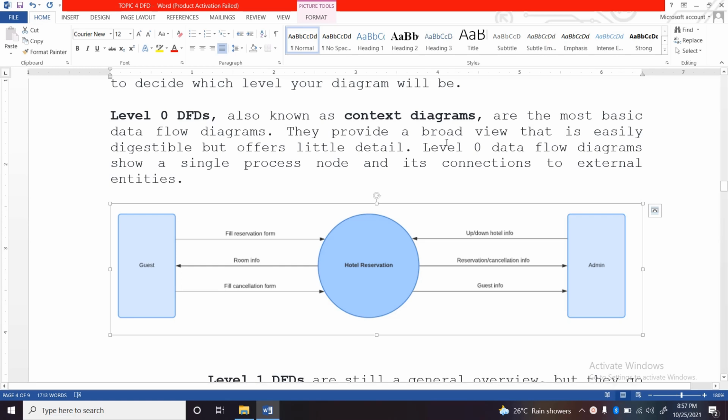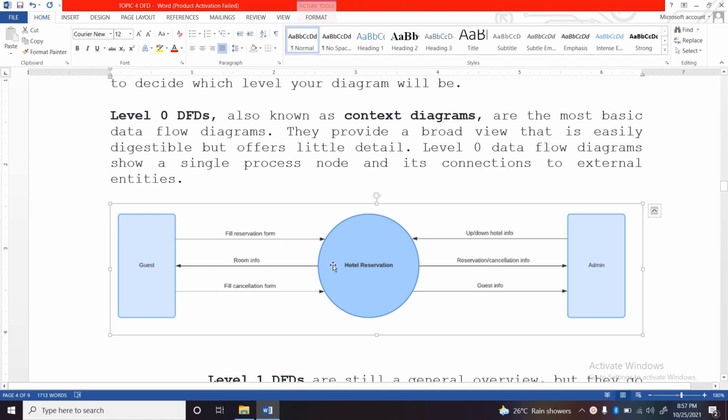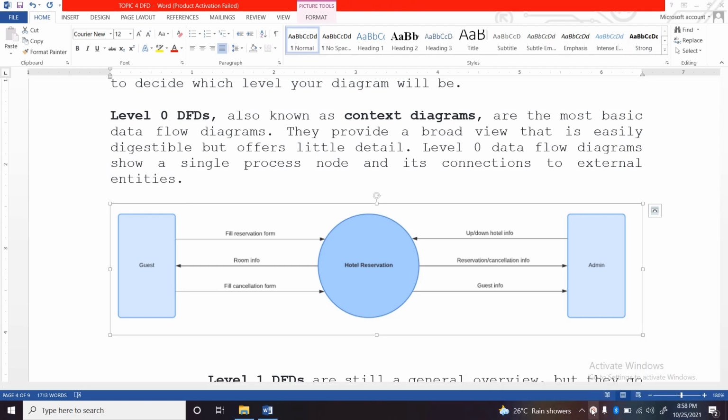As I said, the level 0 is the most basic, and the view is broad or general. It shows little detail, and it only has a single process. You need to keep in mind that level 0 only needs one process. Here in our example, we have the one process, which is the hotel reservation.